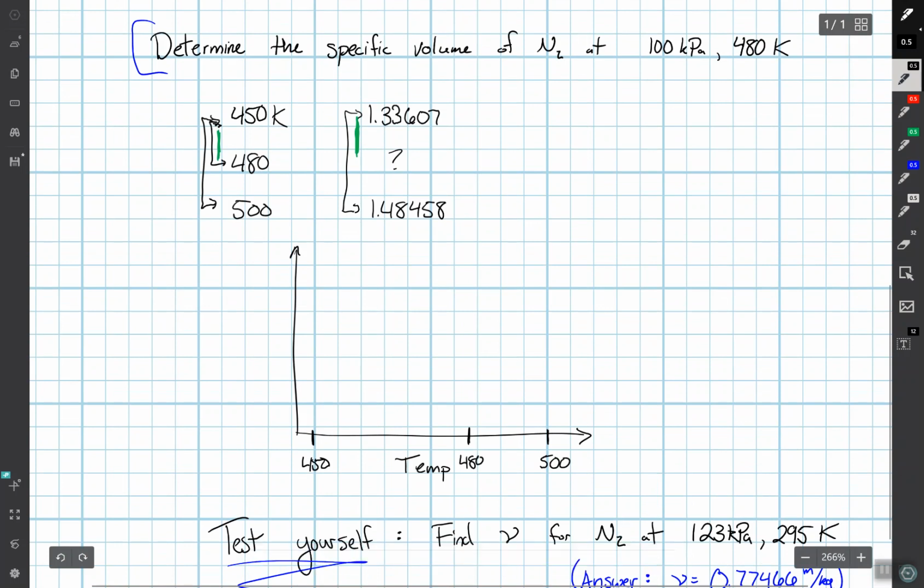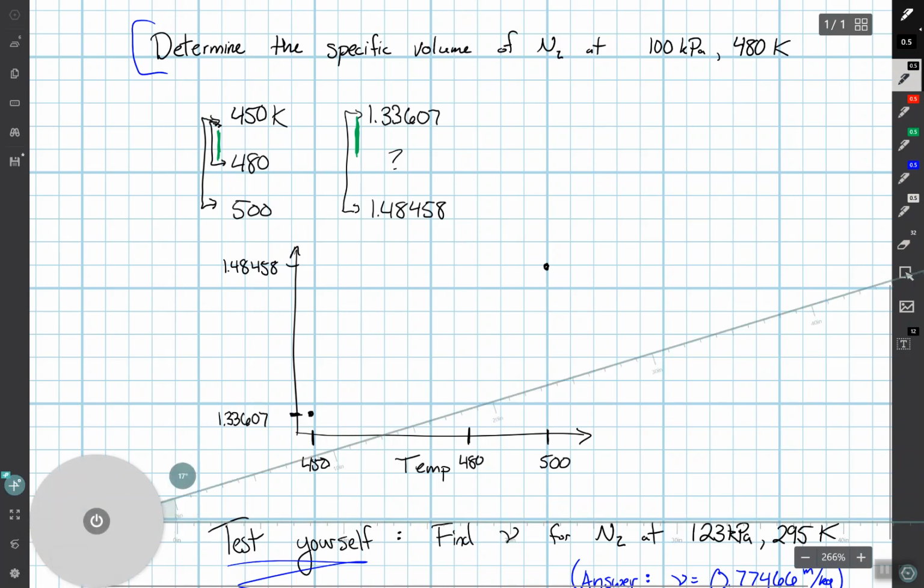That's our unknown. So we know here at 450, this data point, that's 1.33607. And we know at 500, this data point, and that is up here, 1.48458. All that we're going to do is get out my handy dandy ruler.